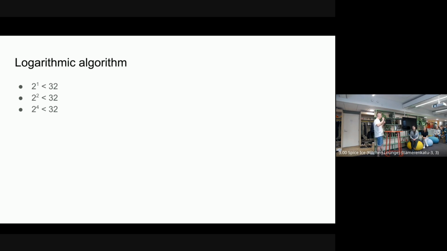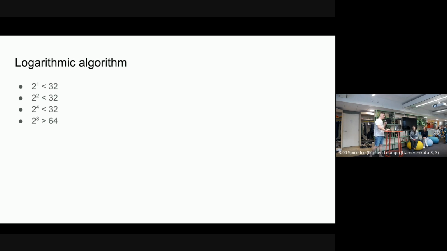Now, instead of multiplying by 2 again, we just square that previous number, and we see that 2 to the power of 4 is 16, so it's still less than 32. Now we square that number, and we get 2 to the power of 8. We skipped all the intermediate powers, and we know that this number is now more than 32.